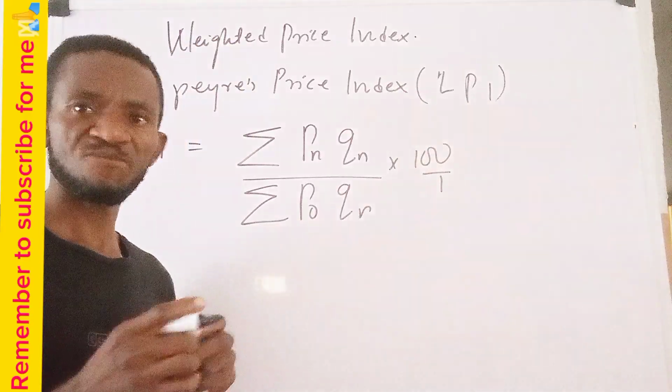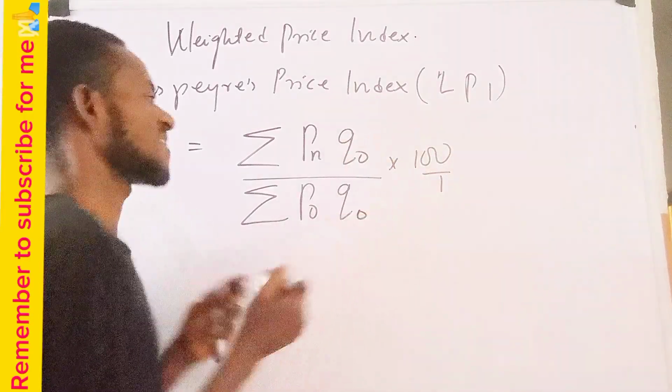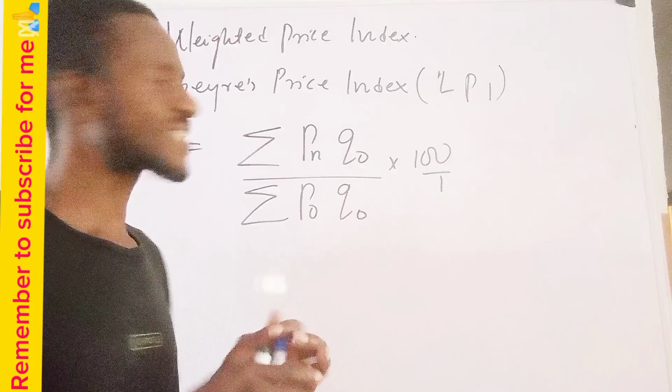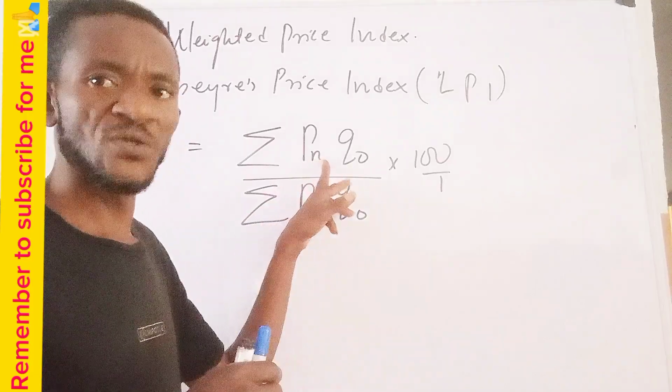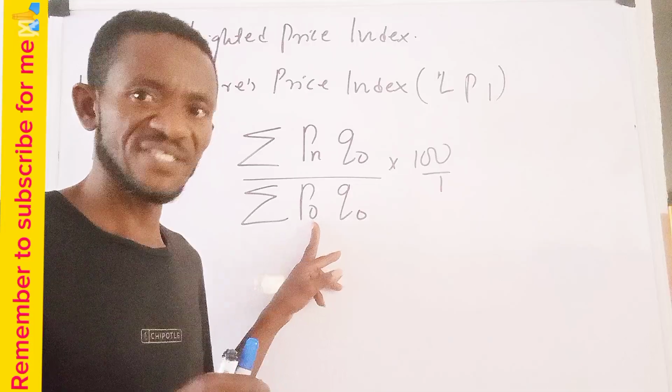Here, of course, should be 0. Here, of course, should be 0. So in this case, look at the price in the given year, and look at the price which we know in the base year.